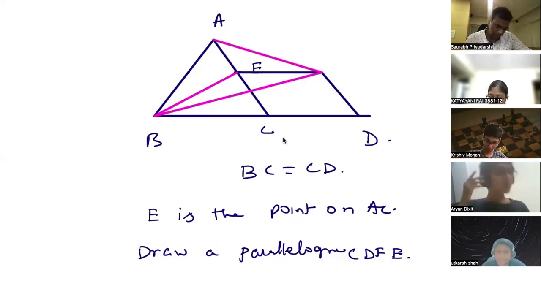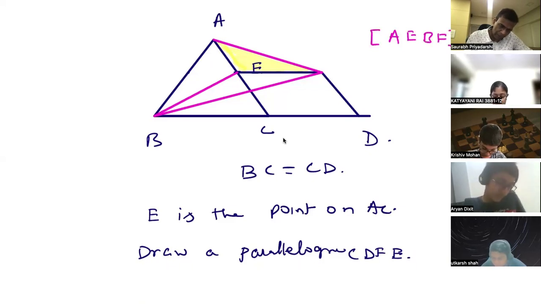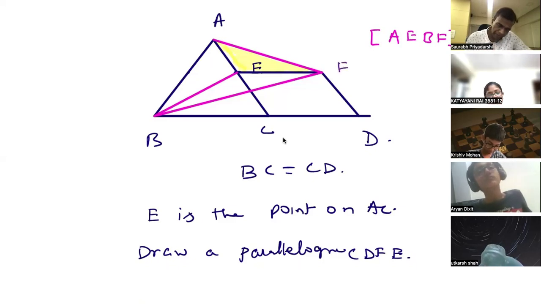Right? Now, what I'm saying, area of AEBF is equal to area of triangle ABC. This is the point F, the point F is this one.